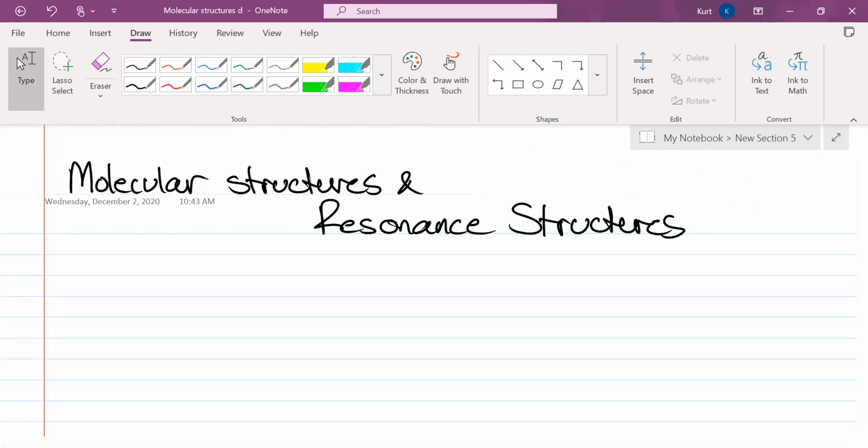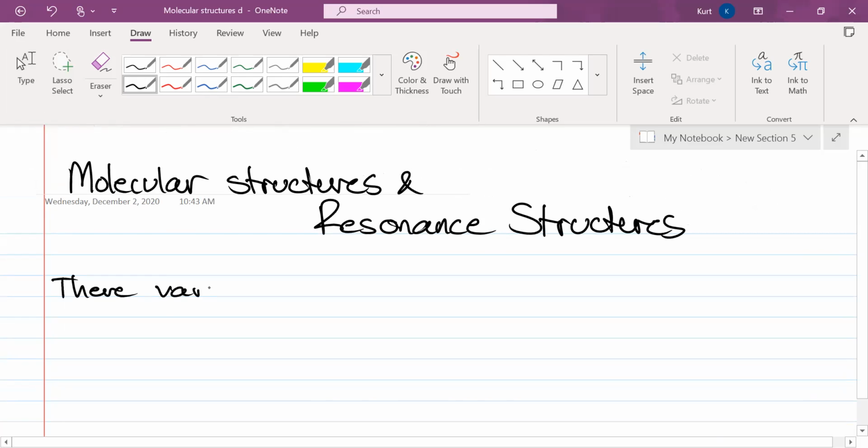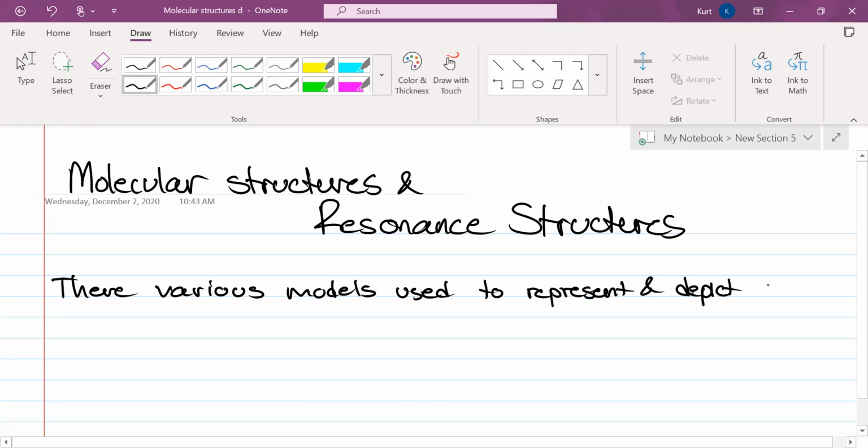So there are various models used to represent and depict the shape of a molecule.